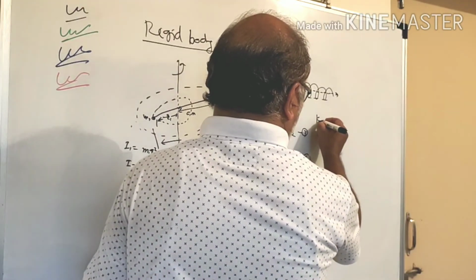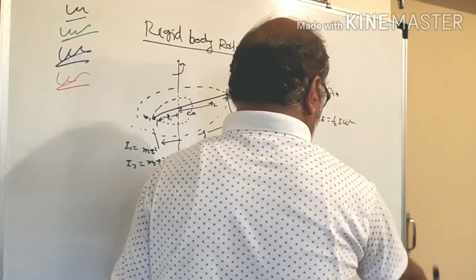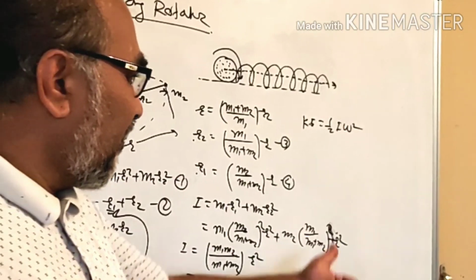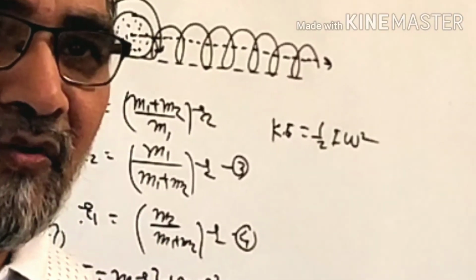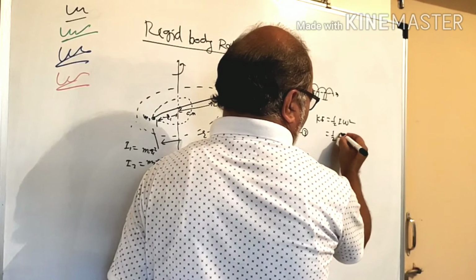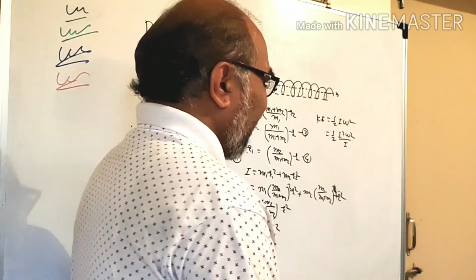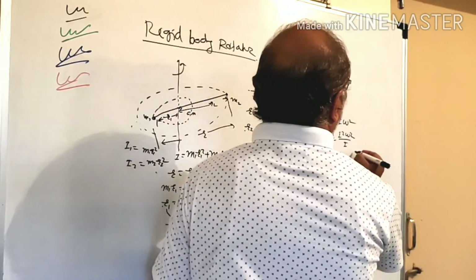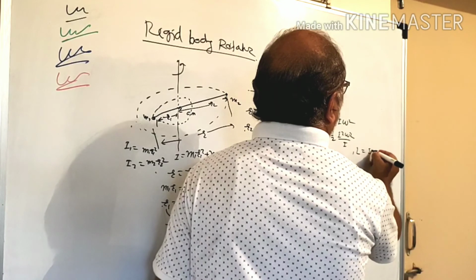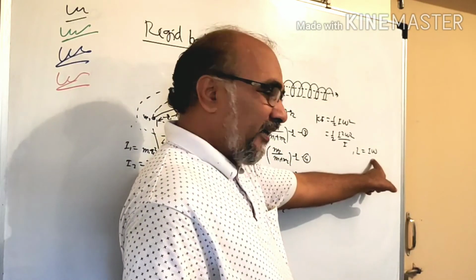So the kinetic energy for this system is equal to 1/2 I omega square. KE of this system is equal to 1/2 I omega square. Okay, I am purposefully writing this as I square omega square over I. And one more formula, we know that angular momentum L is equal to I omega.